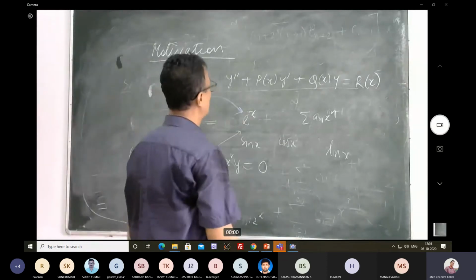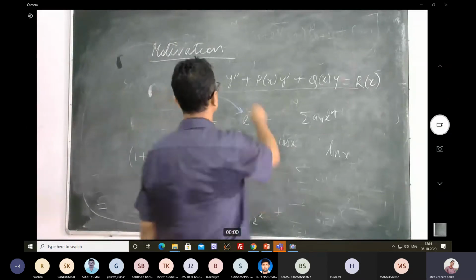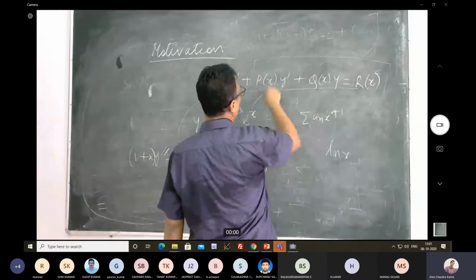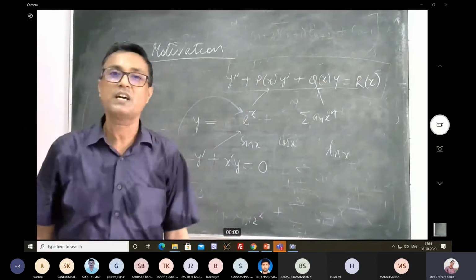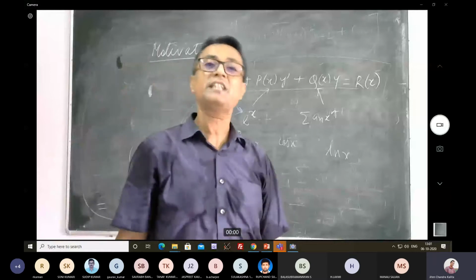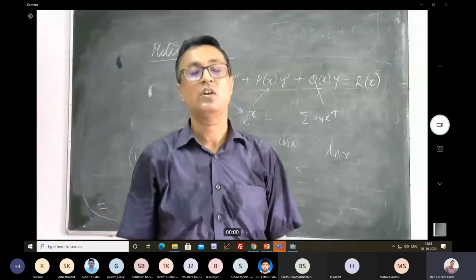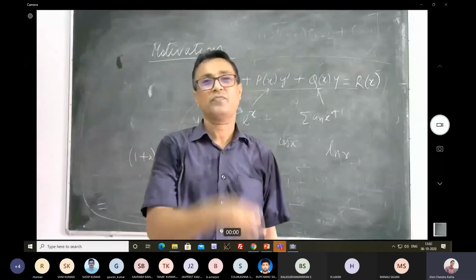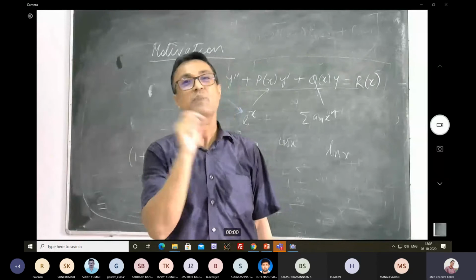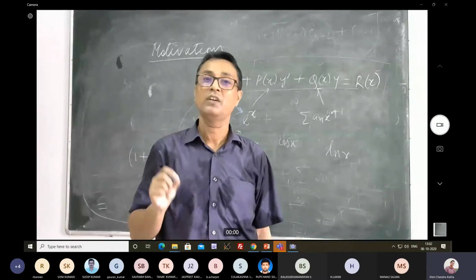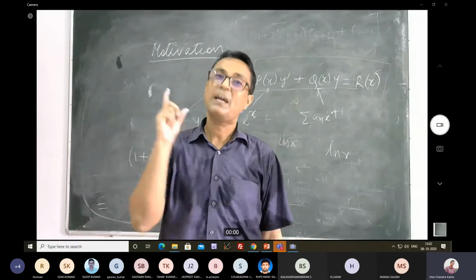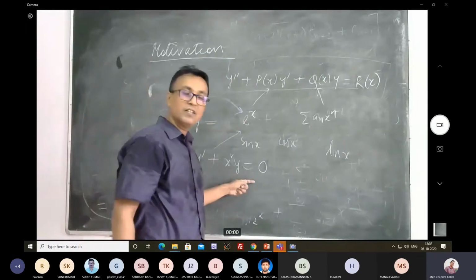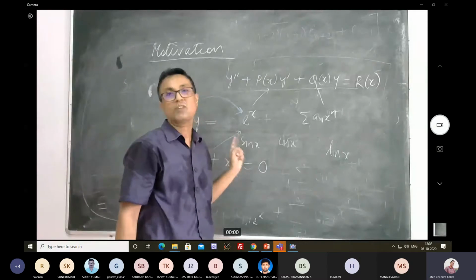But later on, we are going to see that suppose our differential equation is such that the coefficients of y prime and y, that is p(x) and q(x), are analytic functions, or if somehow they can be made to behave like analytic functions, then we will be able to solve equations like this in terms of infinite power series.